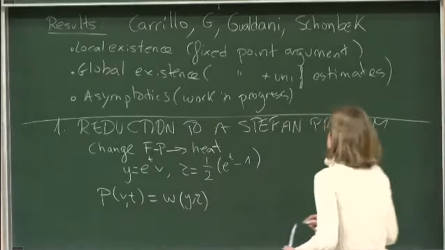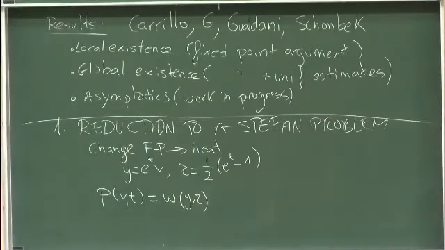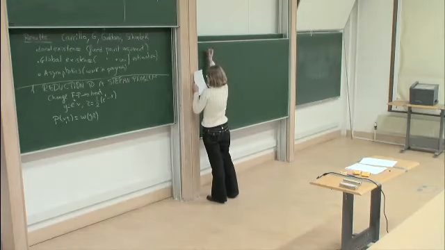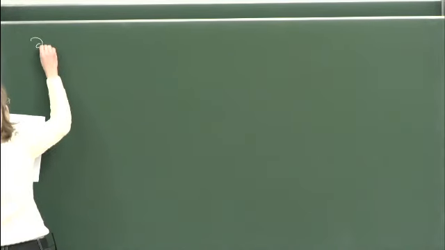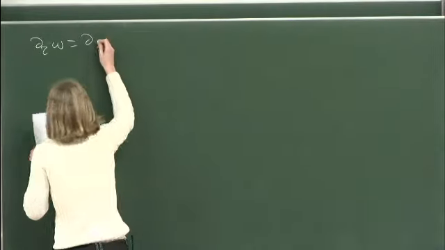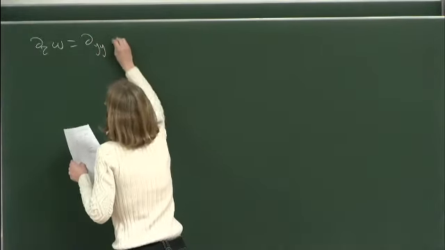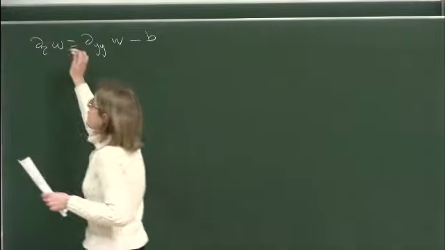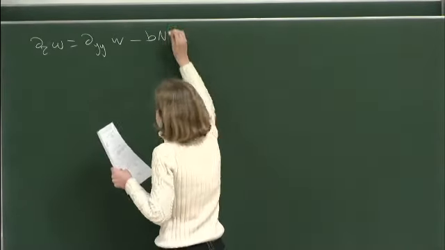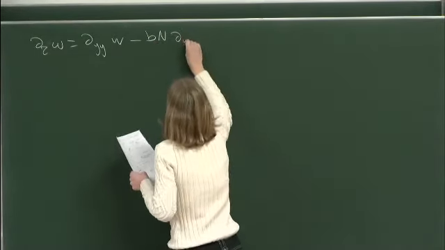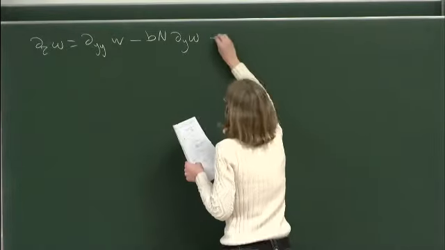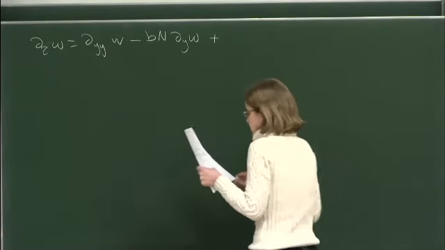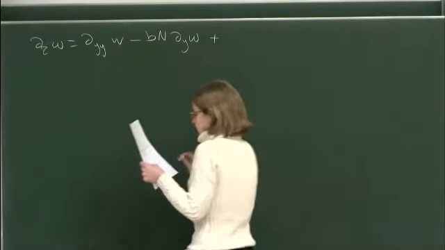The equation that you obtain for W is a heat equation, partial tau W equals partial yy W. So you got rid of the Fokker-Planck term, but you have the nonlinear term, n times partial y of W, and then you have the delta. Now, let me change the n to m. There is a relation.